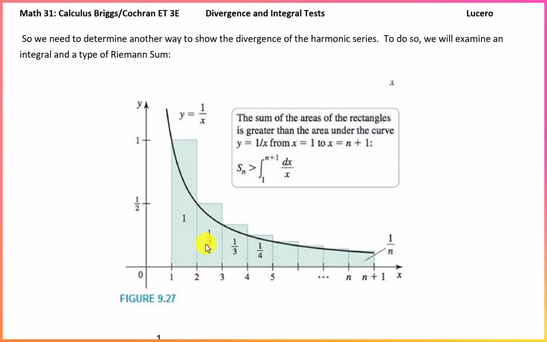And so 1 plus 1 half plus 1 third plus 1 fourth, all the way out. When we go all the way out to n plus 1, because we're using the left-hand endpoints, the height of that last rectangle is going to be 1 over n, and we get the sum of all of those rectangles, which is actually the partial sum of the series up to n.